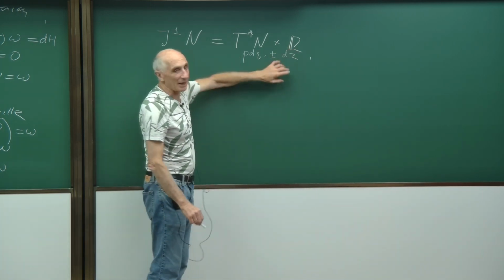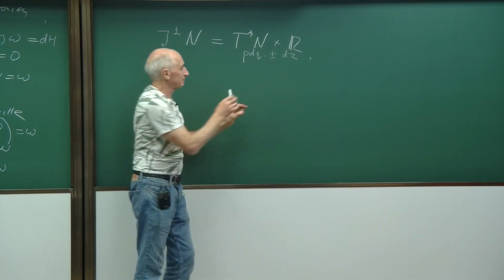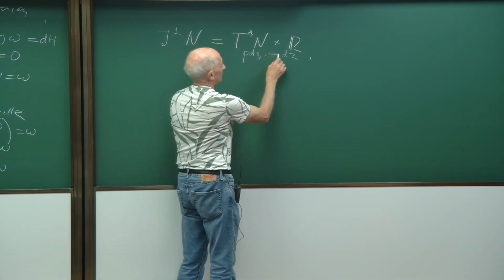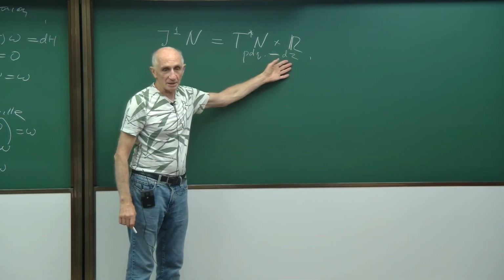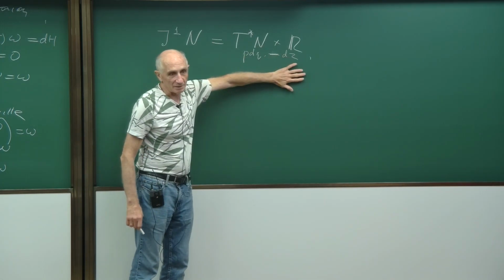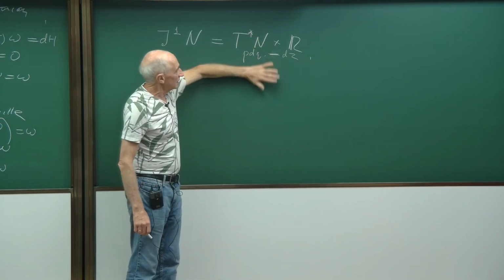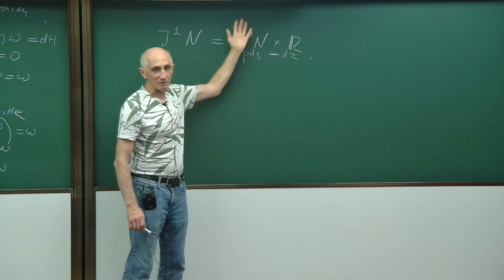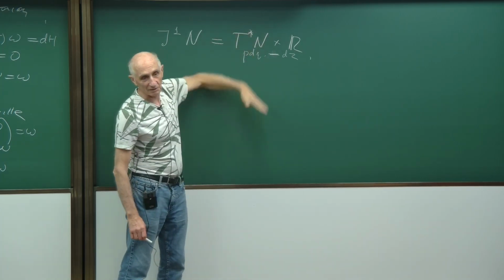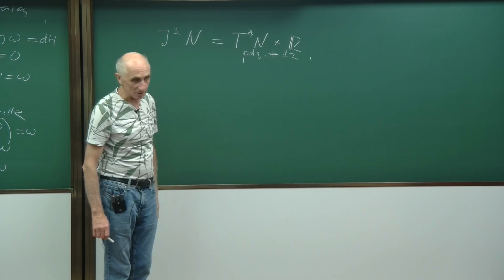So maybe minus, I will write this. This is a contact form, and this gives me a contact structure, and ∂/∂z is a contact vector field preserving the structure.